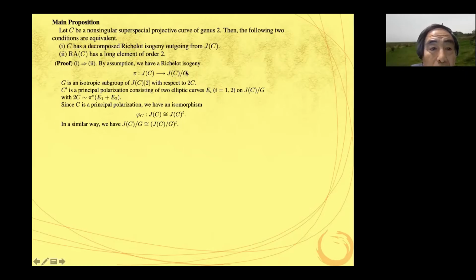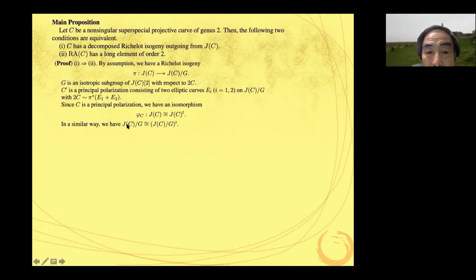So C dash is a decomposed polarization like this. So we have such a linear equivalence. And C is a principal polarization. We have an isomorphism from JC to its dual.